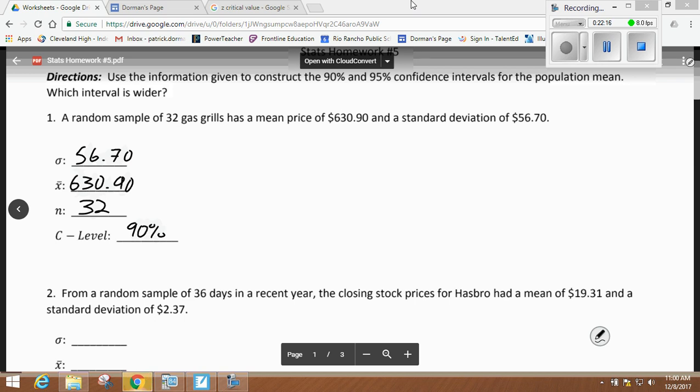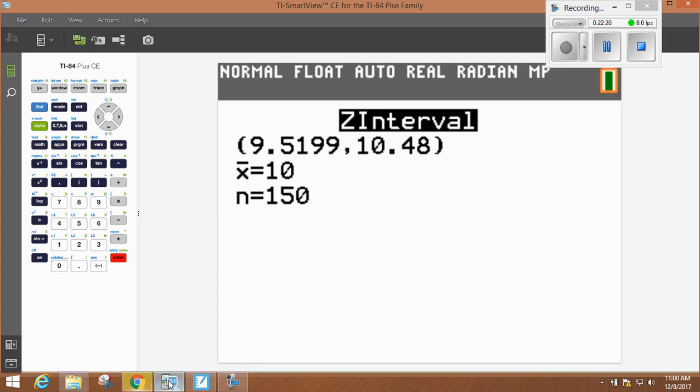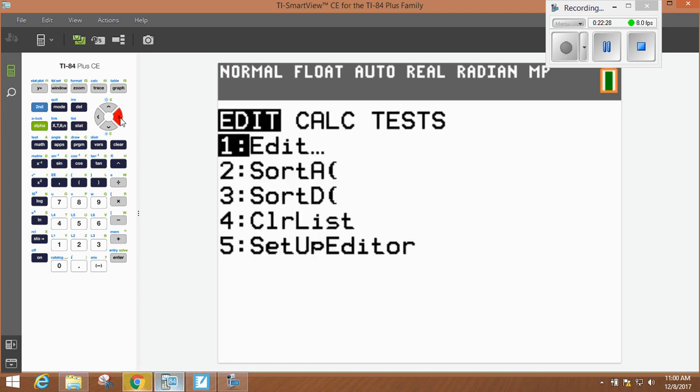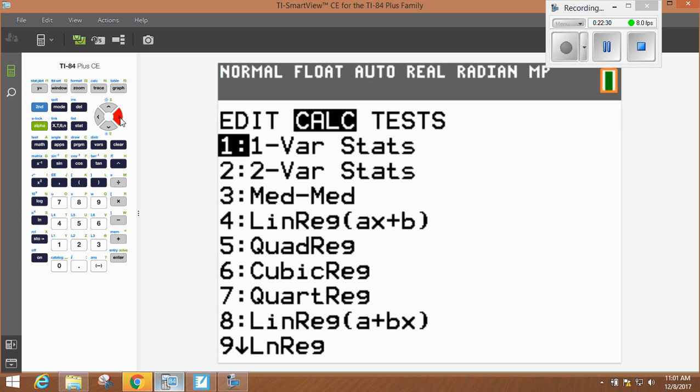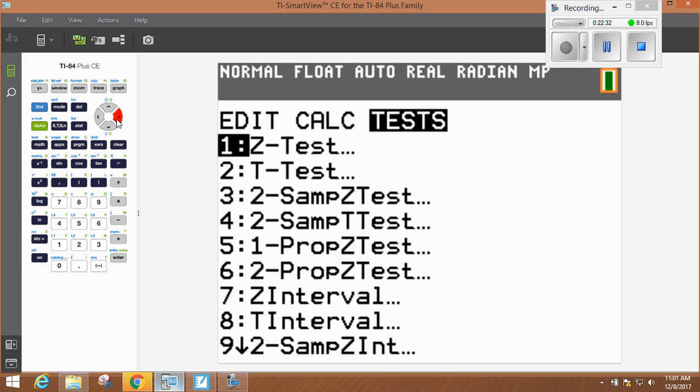We can just do it using our handy-dandy calculator. We will just hit stat. We will go to tests. Then we will go down to Z interval. Or you could just hit 7, right?